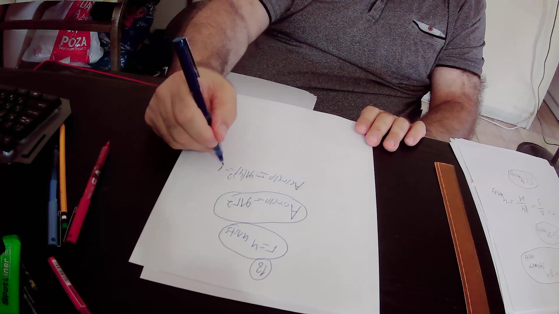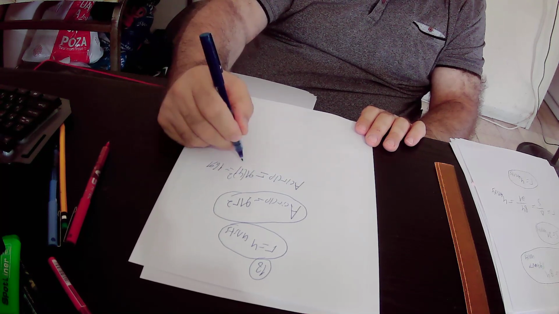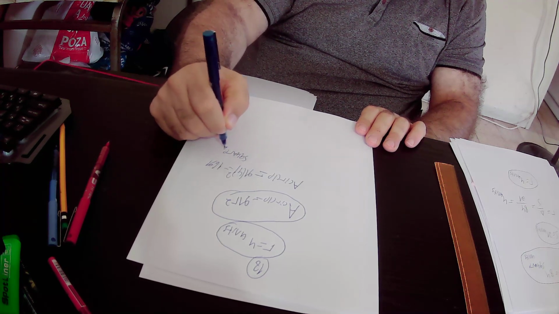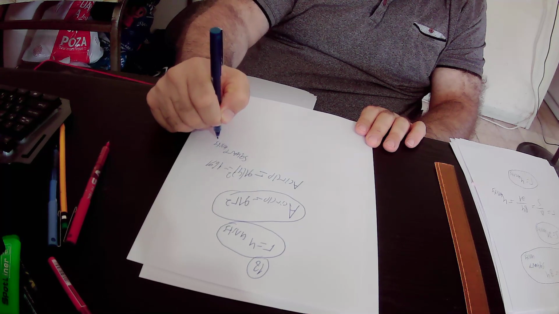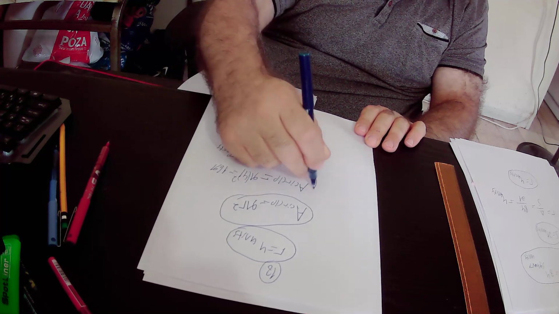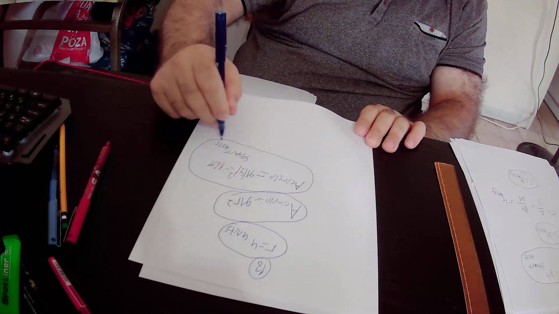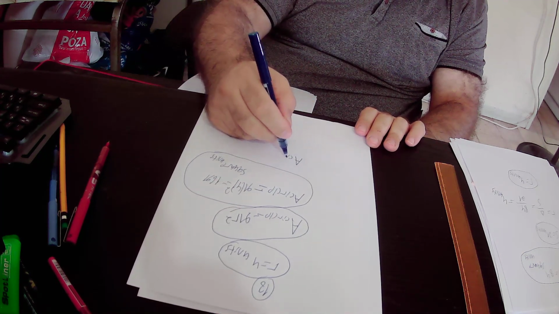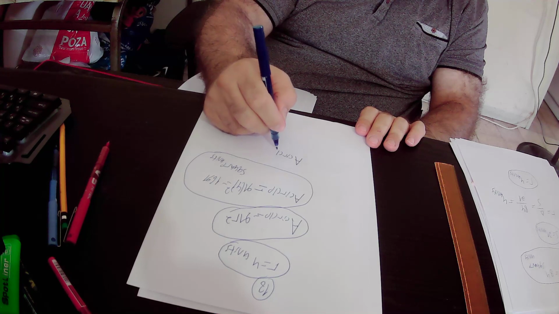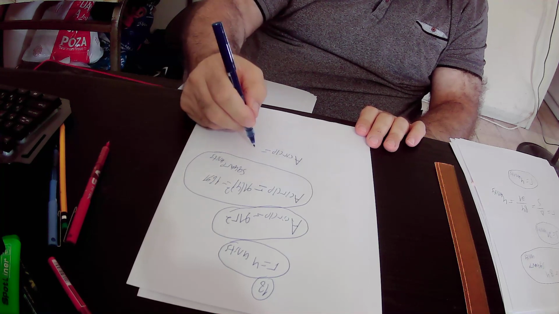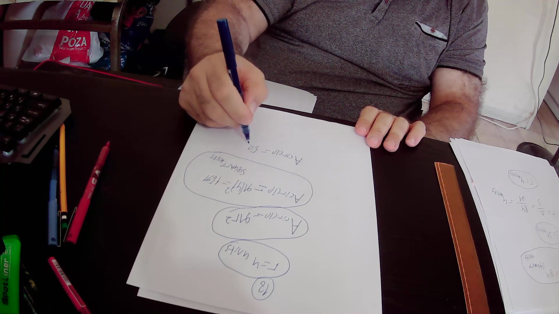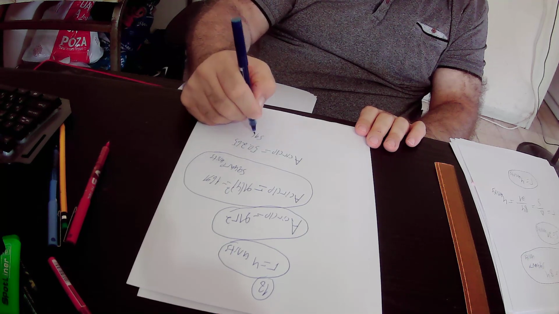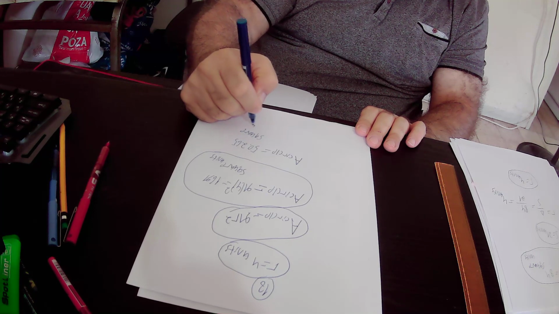It's actually 16 pi square units, the area of the green circle, which equals 50.265 square units.